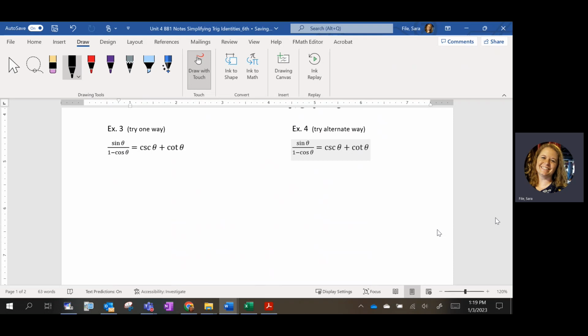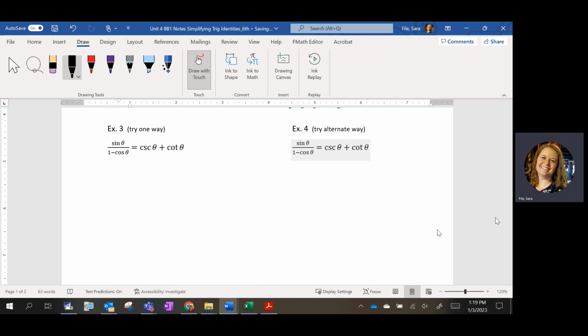Some people might say the right side is, because you have those trig functions being added together instead of as a single term. Some people think the fraction's more complicated. So I'm going to show you working the left side and working the right side so you can see how we can prove it either way.